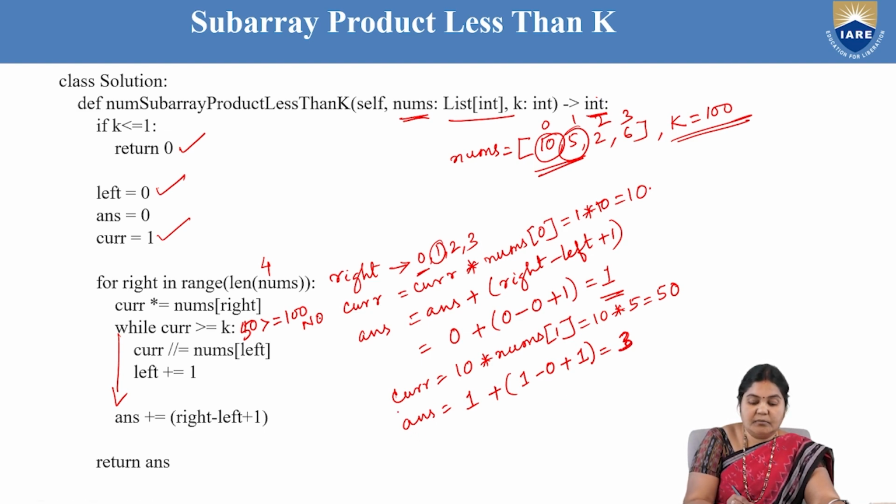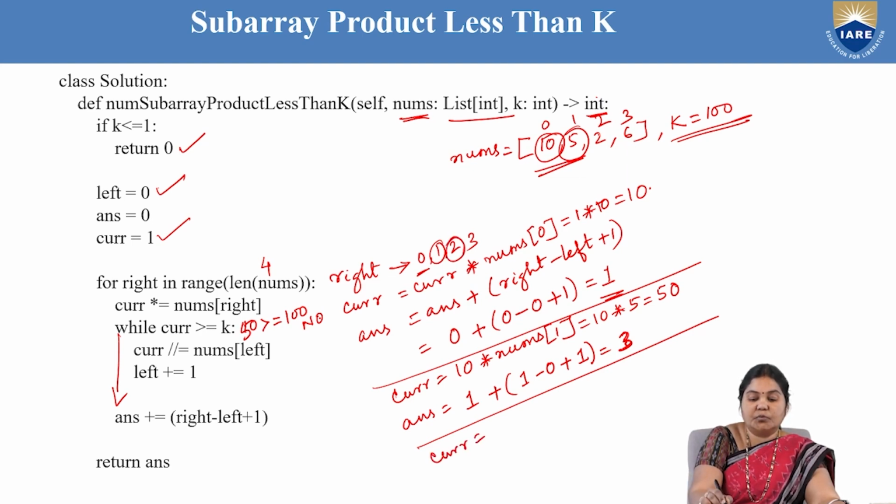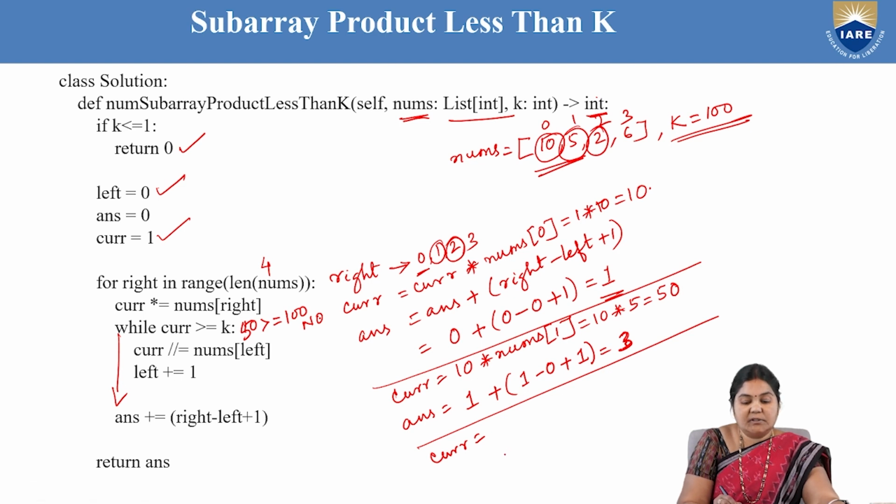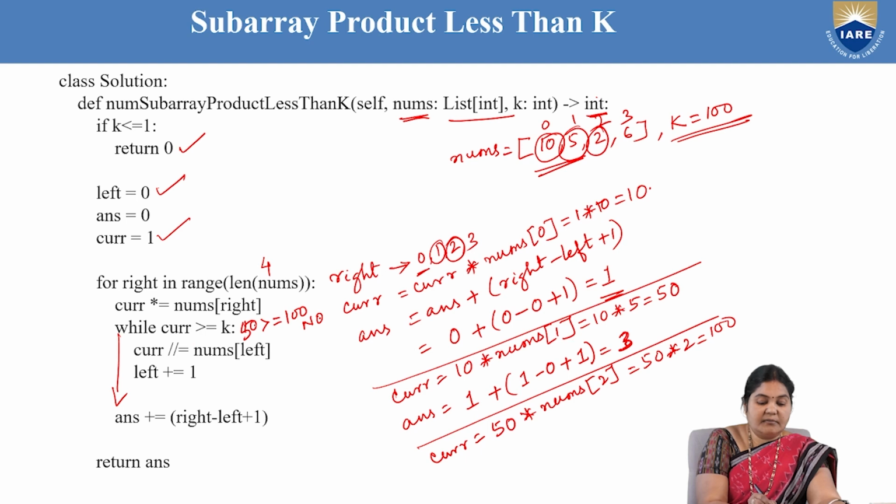Now in my third iteration, what is my current value? Right is equal to 2, and nums of 2 is 2. Product is now current value 50 into nums of 2. So 50 into 2 is 100. Now check, current value 100 is equal to 100. Yes.